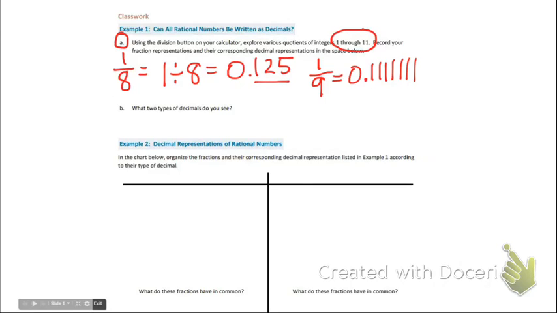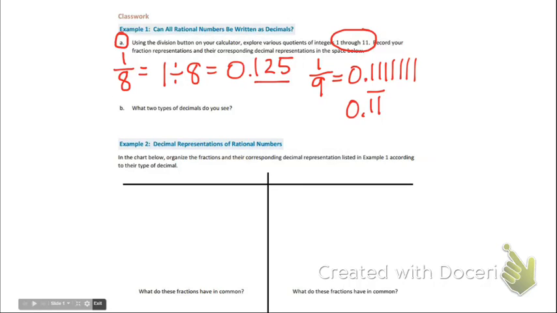It ends. 0.111111 is a repeating decimal, which is fine, and it qualifies as a rational number. We talked about that earlier. It could be written very simply like this: you just need two ones, and then the line on top of it, which tells you that it repeats forever and ever. The fact that it repeats qualifies it as a rational number.